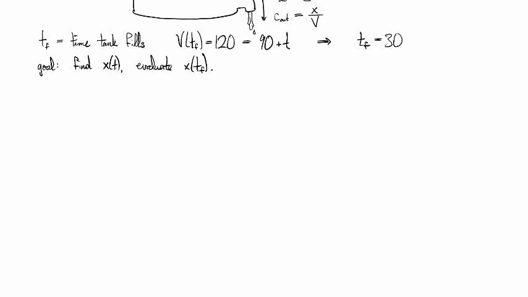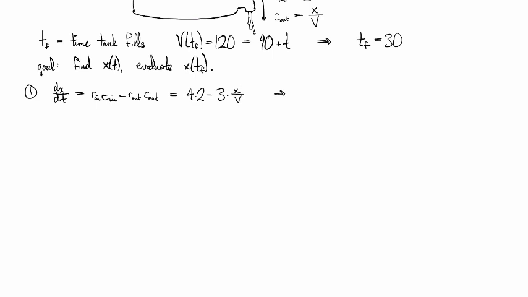Okay, so for our method for solving linear differential equations using an integrating factor, step 1 is to write this as a linear equation in the correct form. This is going to be R in concentration in minus R out concentration out. So that'll be 4 times 2 minus 3 times x over v.